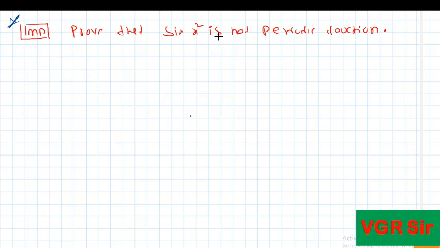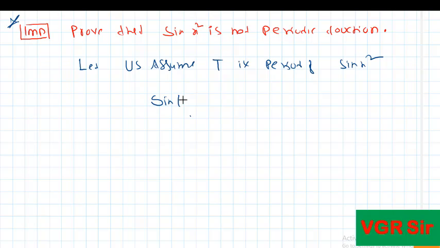Actually, you want to prove that sin x square is not a periodic function. So I will use the indirect method of proof. Let us assume that it is a periodic function. Let us assume t is the period of sin x square. If it is a period, what happens? Sin of (t plus x) whole square should be equal to sin x square.